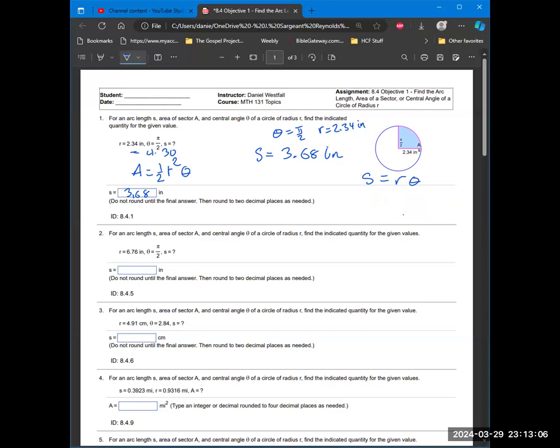All right, let's look at this next problem. 6.76 times a central angle of pi over 2. And we're going to round to the hundredths again. It's going to give us 10.62 for our answer.